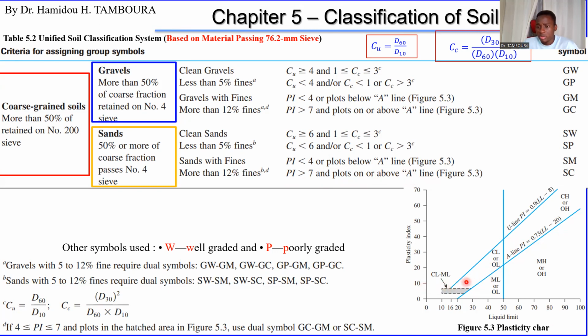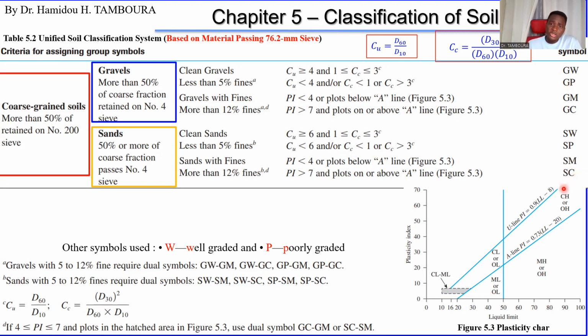So 7 and so it has to be around here. But the previous one, it can be less than 4 or here below the line A. So anyway, in that case, you will have clay. Same as here also. Here is or and here is and. So these are the symbols we have.